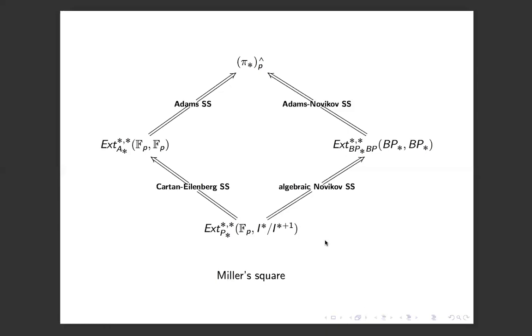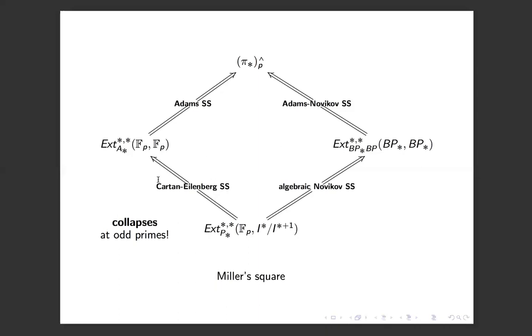Moreover, there is a very interesting phenomenon, which is that the Cartan-Eilenberg spectral sequence collapses at all primes. What this means is that at all primes, if we start from the same place, there are two ways to go to the destination. One is the Cartan-Eilenberg, then the Adams, or we could go the algebraic Novikov, then the Adams-Novikov.